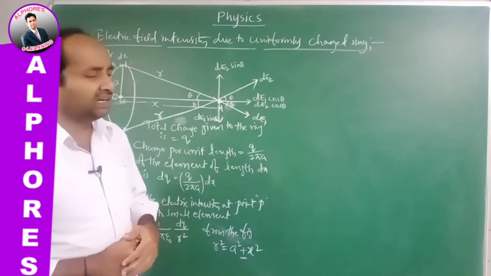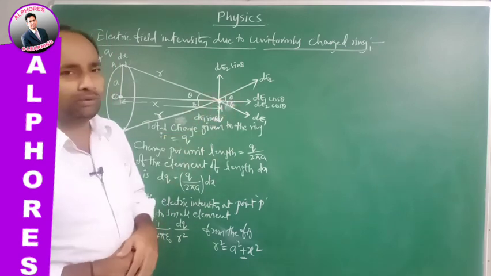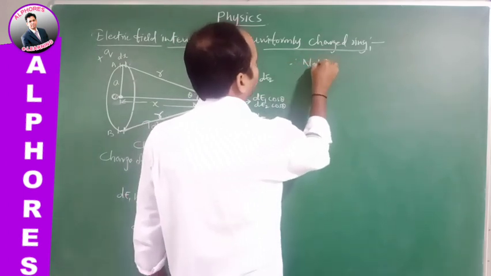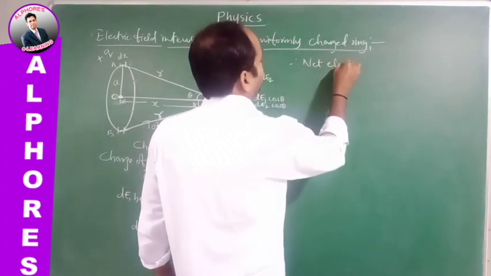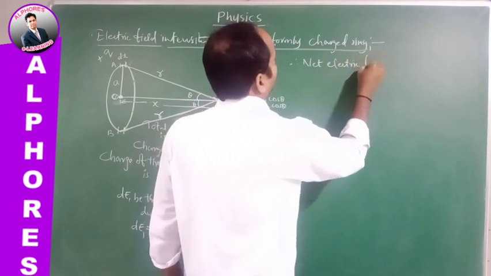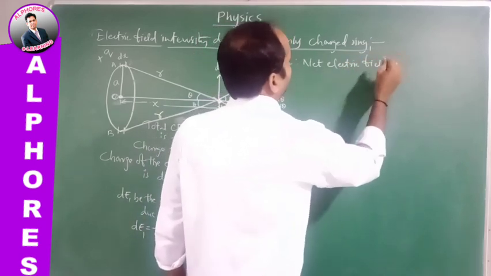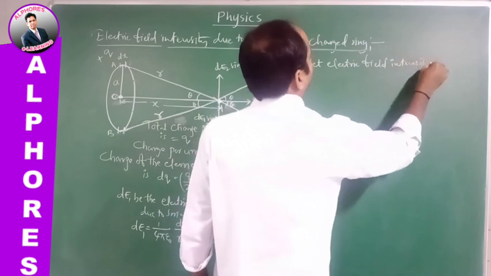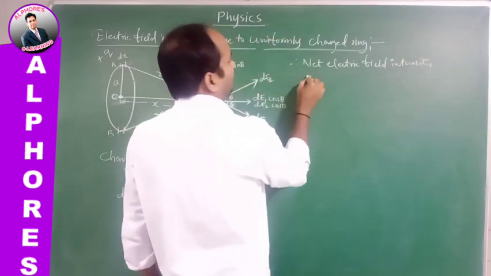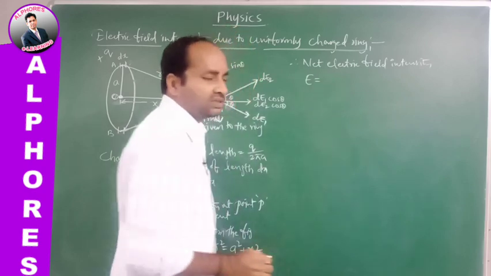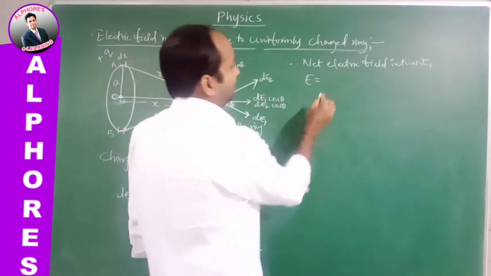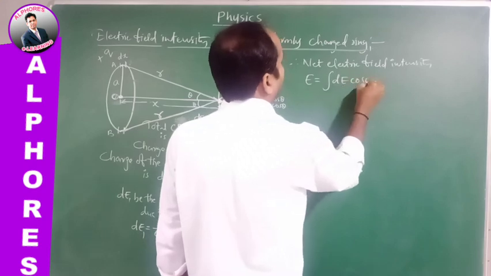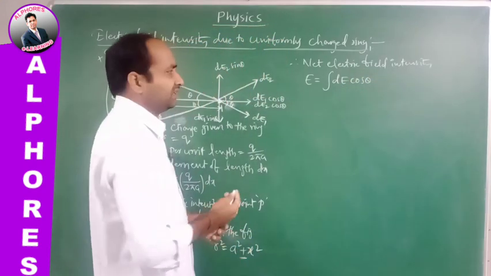Then what is the net electric field intensity at the point P? Therefore here we should write the net electric field intensity E is equal to the sum of the horizontal components, that is the integration of dE cos theta.